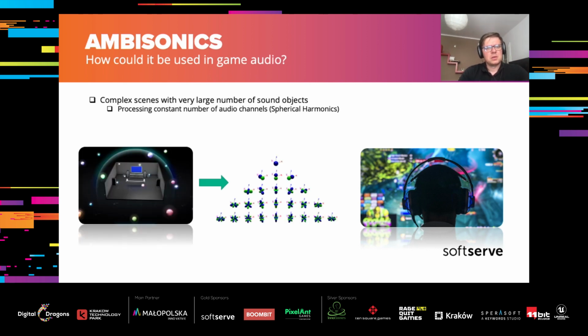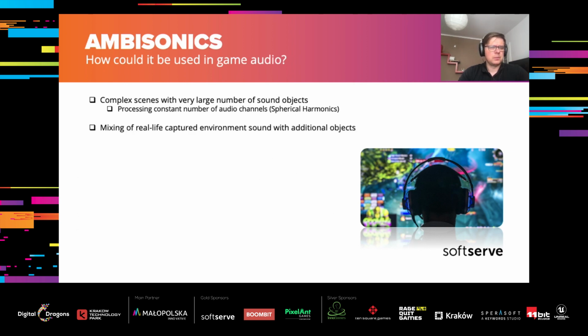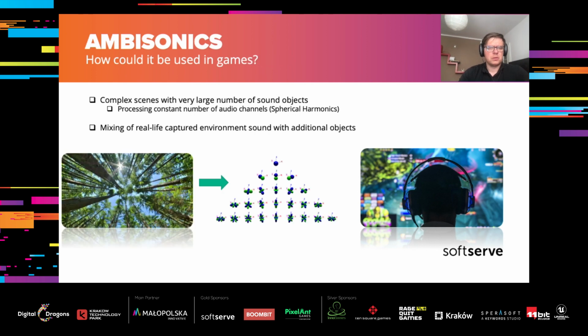So that is one approach, and the other approach is actually a similar one. However, we can use here mixing of real-life captured environment sound that was captured in Ambisonics domain with some additional artificial objects also transformed into the HOA domain.